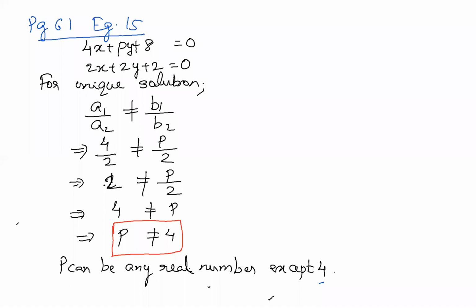Okay, see the question. Example number 16: for what value of K will the following pair of linear equations have infinitely many solutions? Equations are like this: Kx plus 3y minus (k minus 3) is equal to 0, and 12x plus ky minus k is equal to 0.